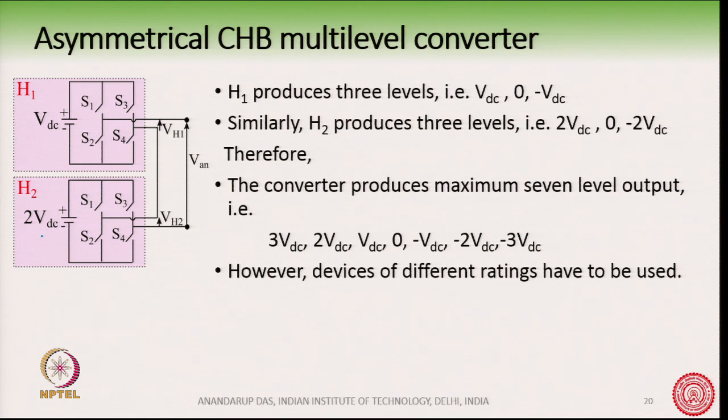So, then how will the VAN voltage be? H1, the first cell, produces 3 levels, which are VDC, 0 and minus VDC. Similarly and independently, H2 will produce 3 levels, which are 2 VDC, 0 and minus 2 VDC.